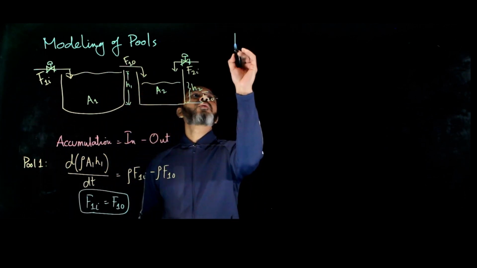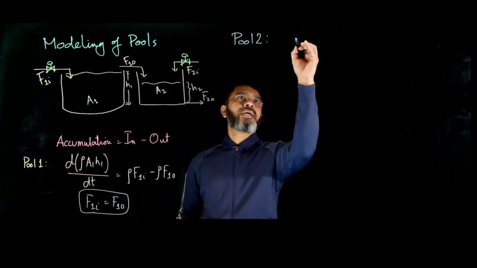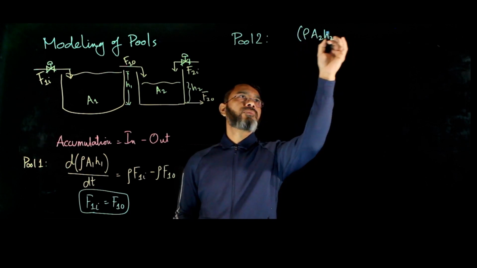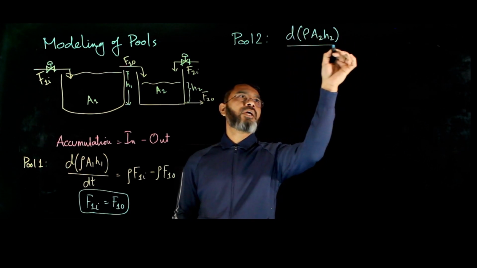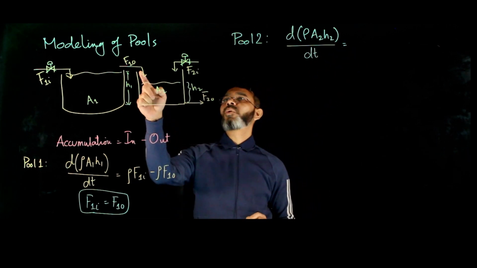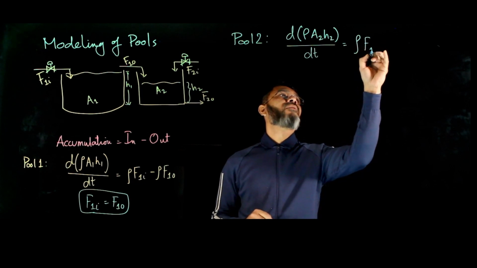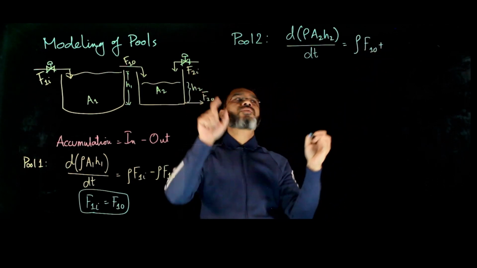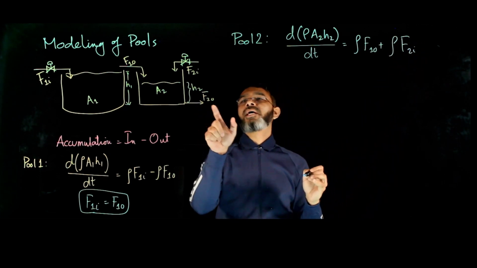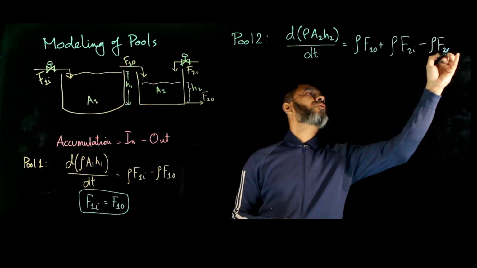Now for pool 2, the same way you can write the accumulation of mass. So it will be rho A2 H2, d over dt, will be, there are two inlets here, so we'll have rho F1O plus this one, rho F2I, and there is this outlet rho F2O.